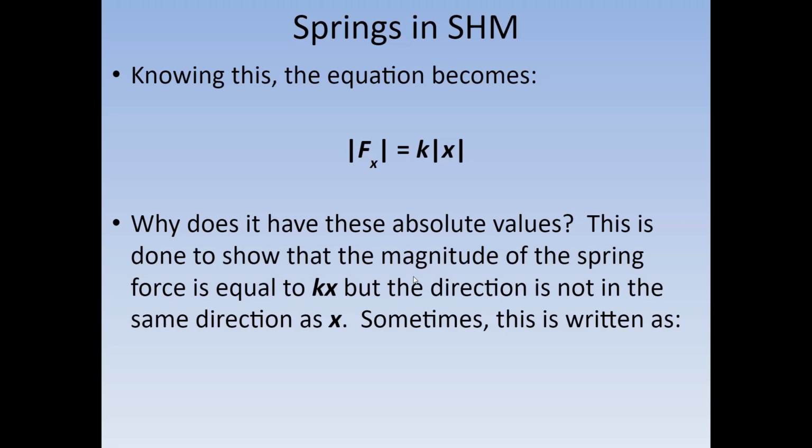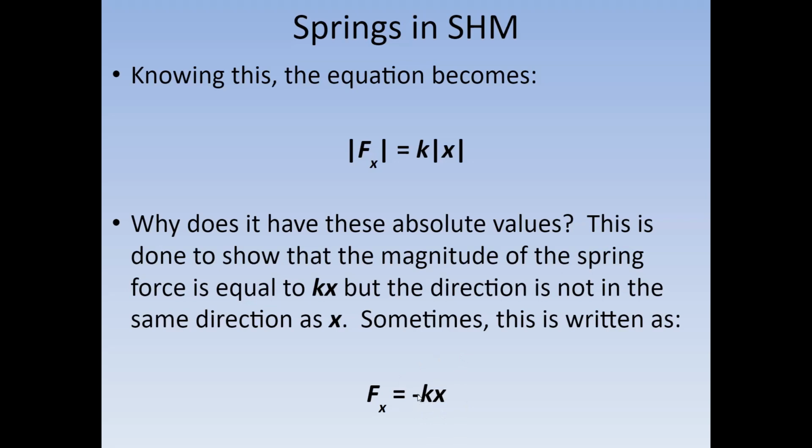They were always perpendicular to each other, and knowing the direction of F_N did not help us in figuring out the direction of F_f. They were for the most part independent of each other. However, we actually do know what the direction of F_x will be if we know the direction of x. So I'm not super sure why they wrote the equation like this, because it's more often written like this: F_x = -kx.